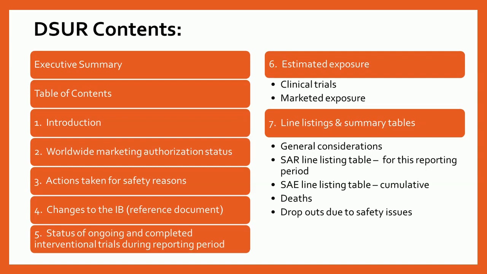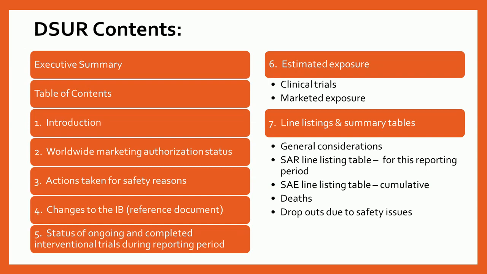Changes to the IB, reference document. 5. Status of ongoing and completed interventional trials during reporting period. 6. Estimated exposure in clinical trials and marketed exposure. 7. Line listings and summary tables including general considerations.